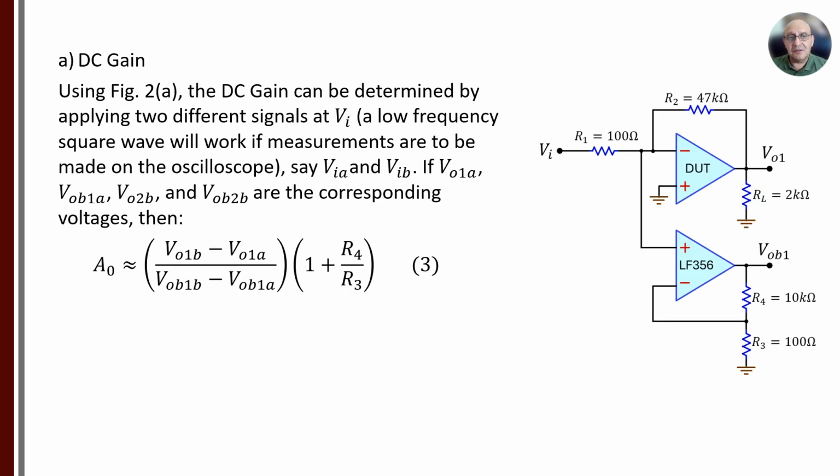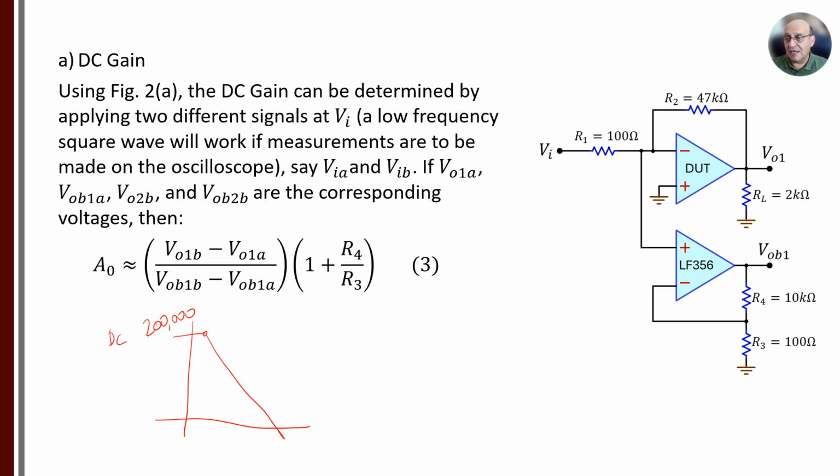DC gain. In the frequency response plot, you have of course the dominant pole, but we also have the gain when the frequency is very low. We call that the DC gain. Right here for the 741 it is about 200,000 according to the manufacturer. So what we want to do is to measure that. The setup on the right hand side is going to help us accomplish that. In this particular case, you have an inverting configuration with the device under test.